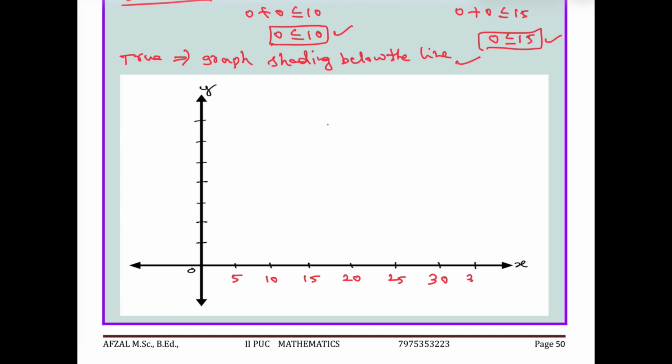Next, 15th question. Two cards are drawn at random without replacement from a pack of 52 playing cards. Then the probability that the cards are black is. There are 26 black cards. We need to draw two cards from the pack of 52 cards.